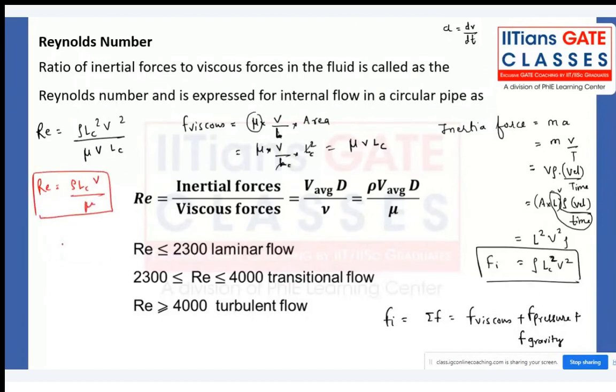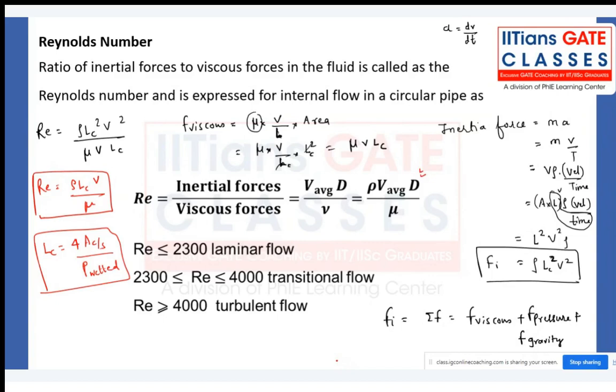We have seen in our first class that it is 4 into cross-sectional area by wetted perimeter. Obviously, for a circular cross-section, Lc will be the diameter, and when you substitute there, you will get this formula. Remember, V is not the maximum velocity. V is the average velocity.